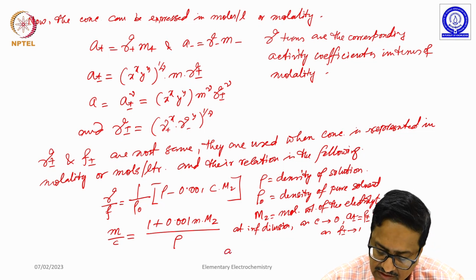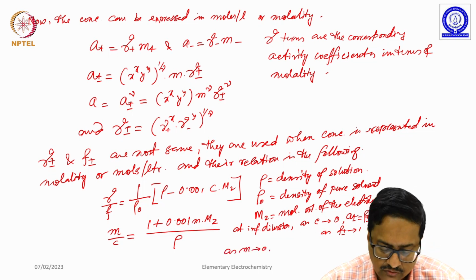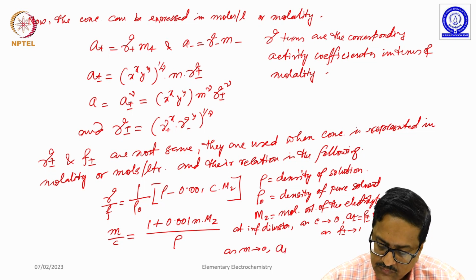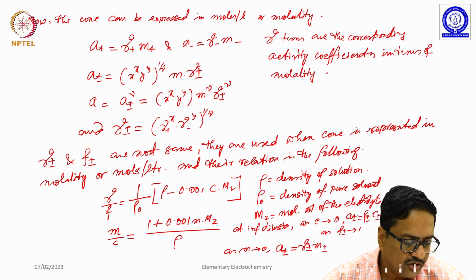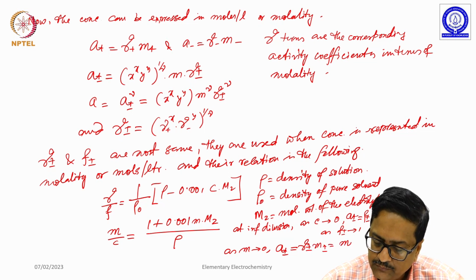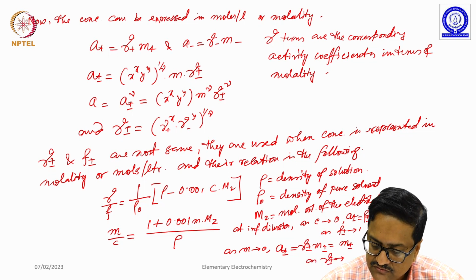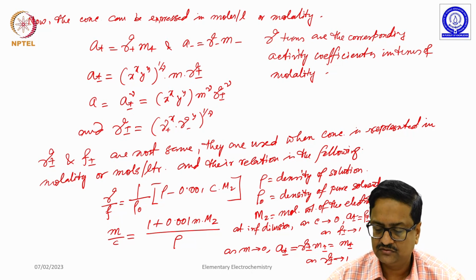Similarly, as M tends to 0, A plus minus is equal to gamma plus minus into M plus minus, which is again equal to M plus minus, as gamma plus minus tends to 1 at infinite dilution.